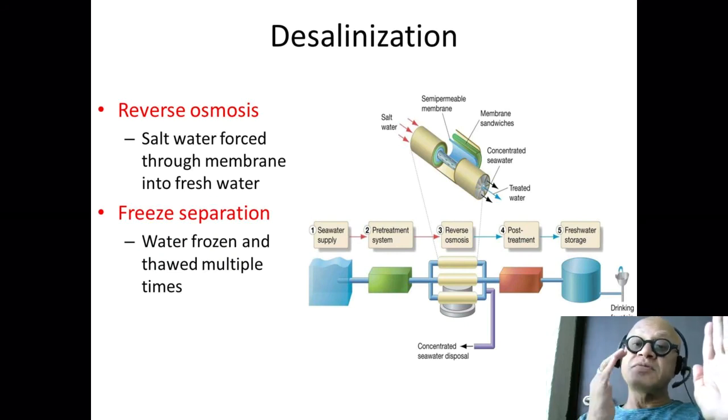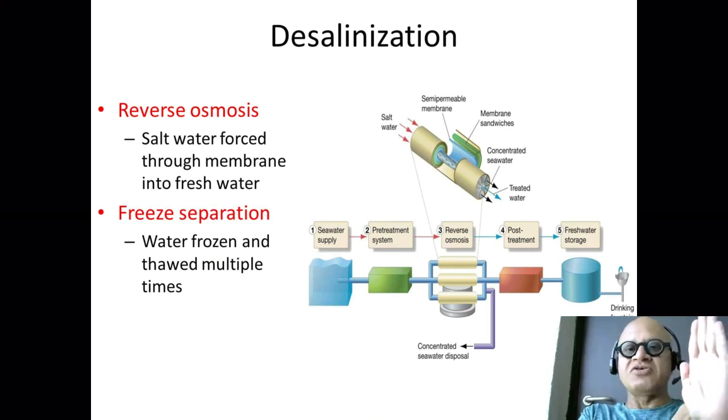Reverse osmosis puts pressure such that water with salt, with fewer water molecules, will be pushed to go into the other side. This is why it's called reverse osmosis. A lot of times when you buy bottled water, you can read on it, it'll say reverse osmosis. Again, energy intensive, obviously being done at scale because a lot of water is being sold in bottles.